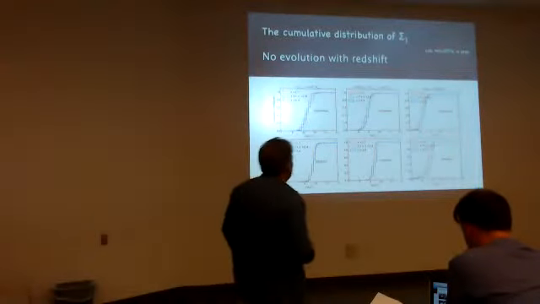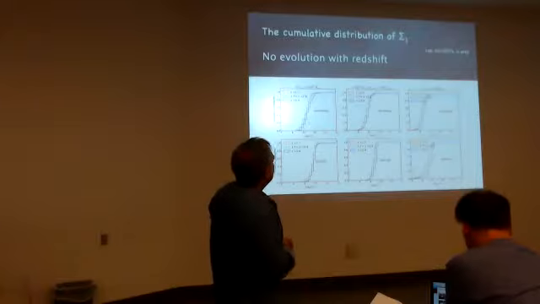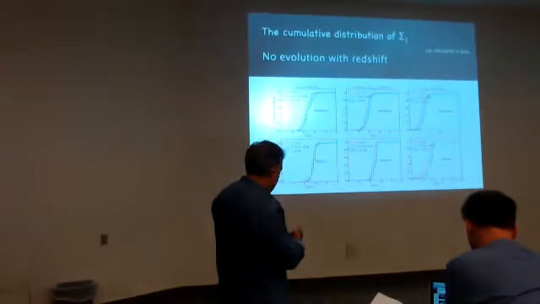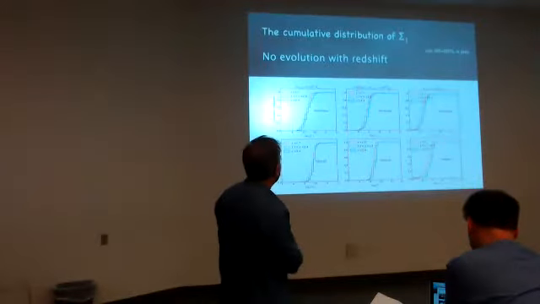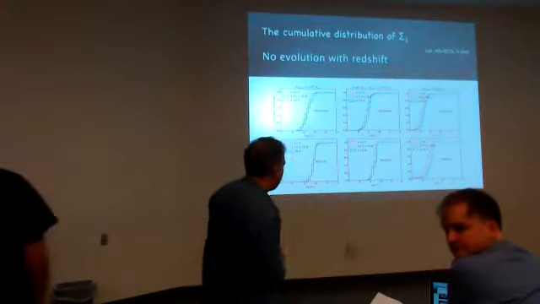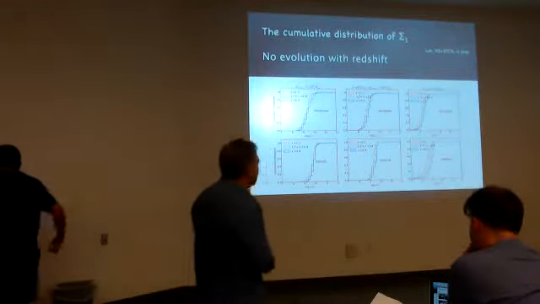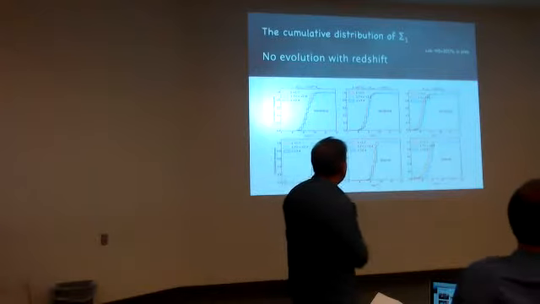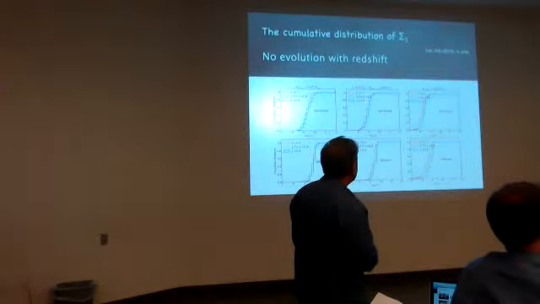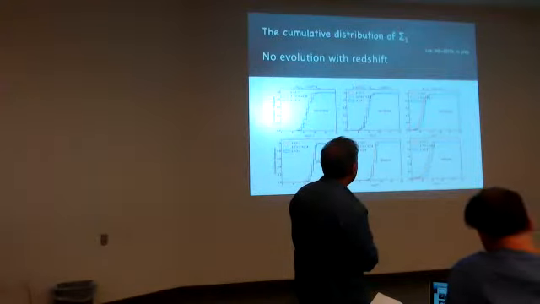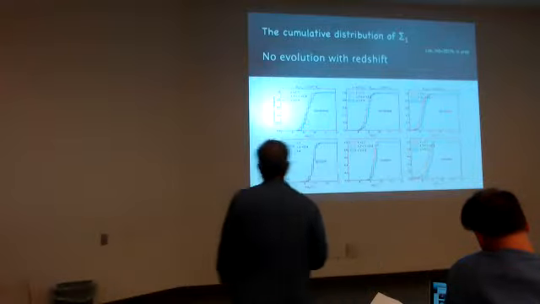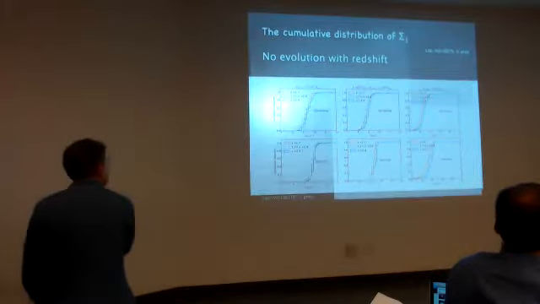This is now the cumulative distribution function of sigma 1, this time sliced between star-forming and quiescent. Again, my previous statement of very little evolution stands. There is a little bit of a hint of evolution in the low mass bin between the very high redshift bin and the lowest one. But overall, there is not much evolution.